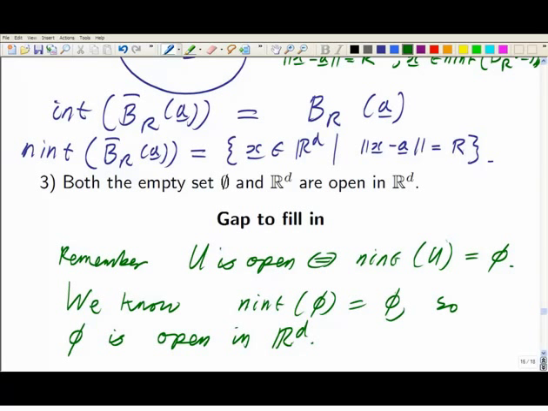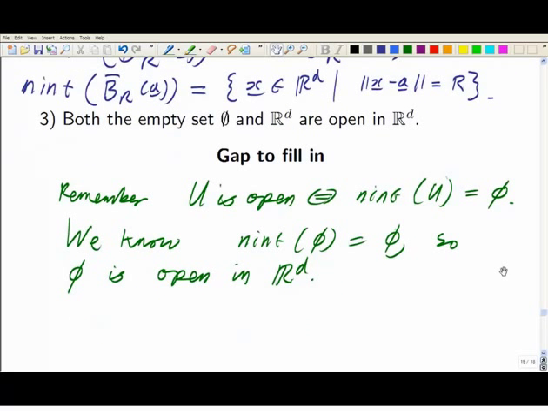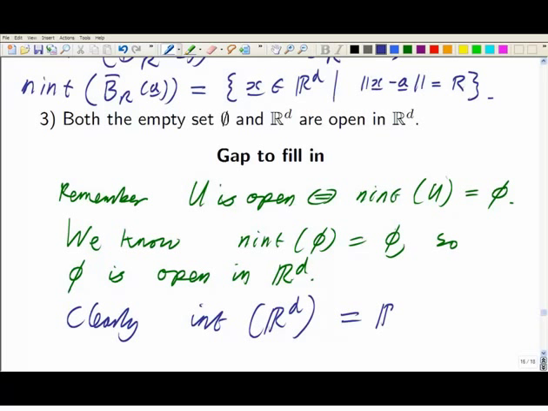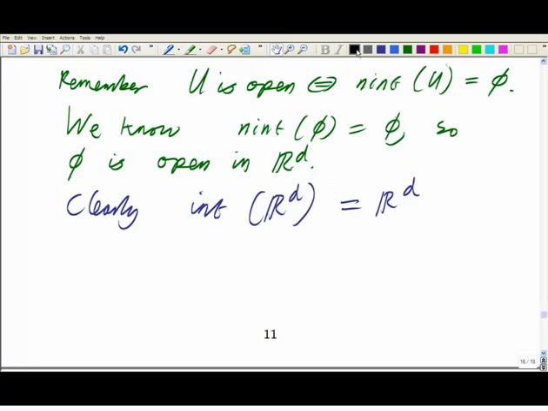We know that the interior of the empty set is empty, so the empty set is open. And it's rather obvious that every point of R^d is an interior point of R^d. And so it's pretty clear that the interior of R^d is equal to R^d.